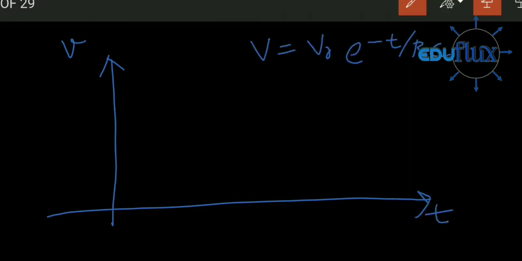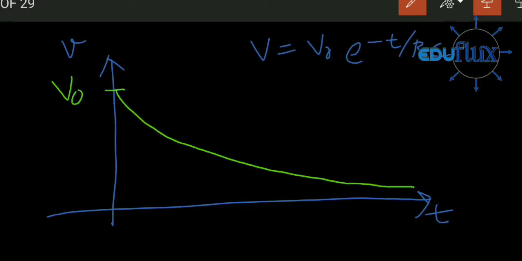Now at t is equal to 0, just mathematically, we will get the initial voltage, that is V naught. Now it is decaying in this fashion, e to the power minus t by Rc, like this. See, e to the power x curve is like this, e to the power minus x is like this, exactly this second one.